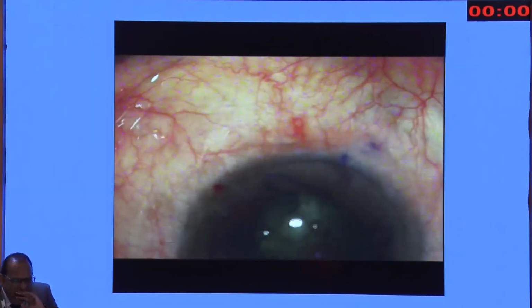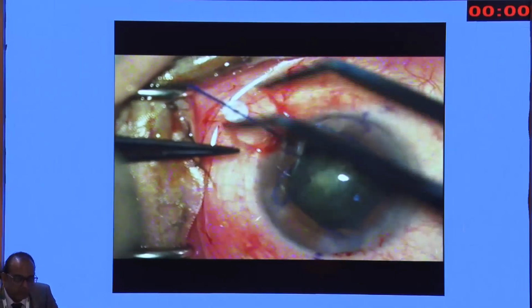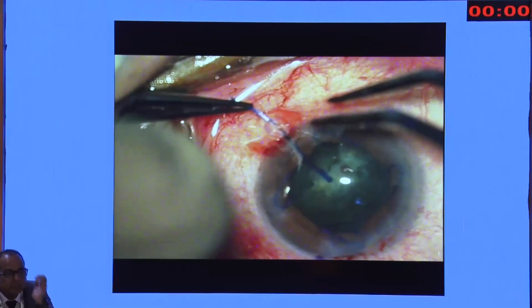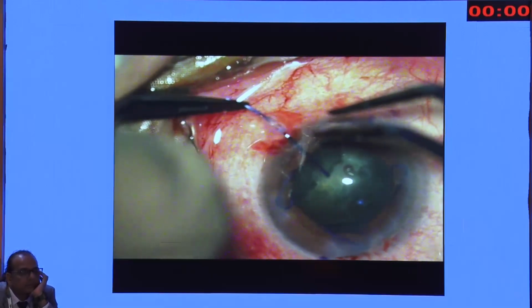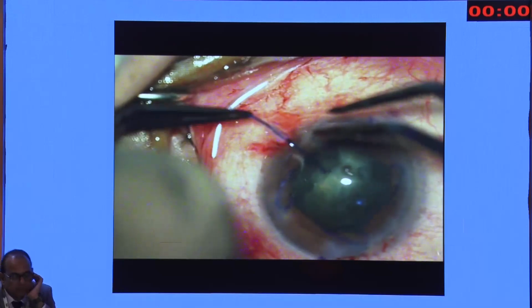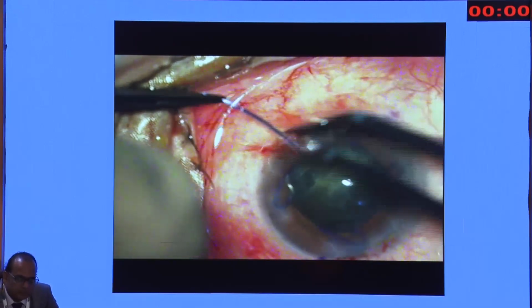So a small port is made and a hook is inserted to hold the capsulotomy edge, thereby stabilizing the bag.